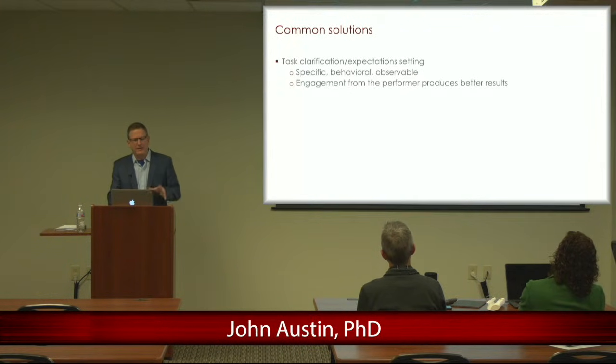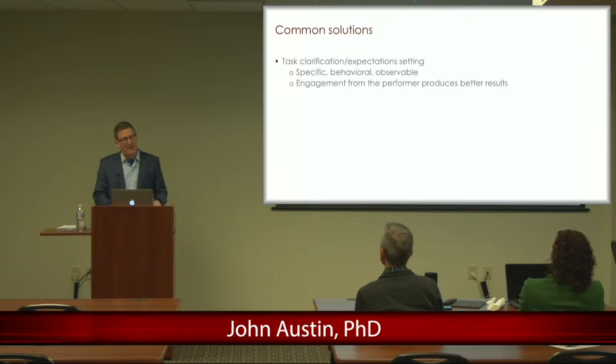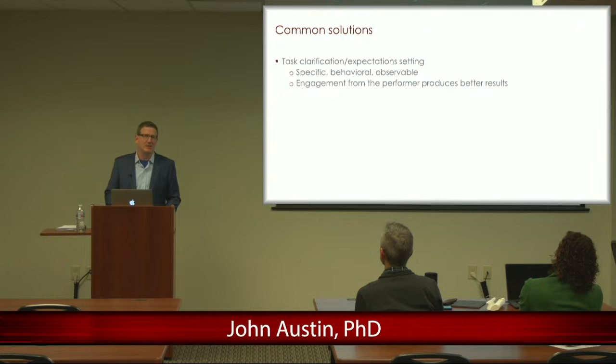So the other solutions, task clarification, what the research has pointed to is getting very specific, very behavioral and observable when it comes to setting expectations. A lot of times this means writing it down, making it a checklist, making it something that is easily observed. We also know that getting engagement from the performer produces better results.